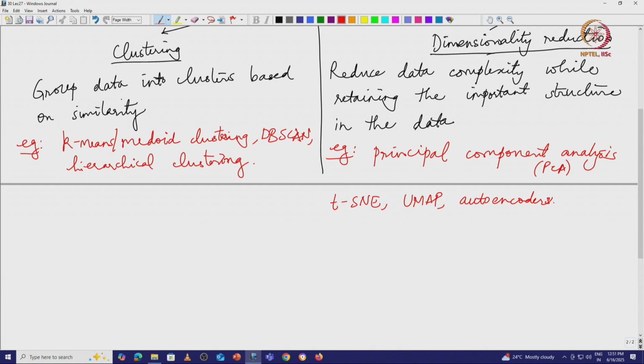Okay. So, let us go ahead and get started, and to introduce simpler concepts first and more complicated concepts later, we will start our journey into unsupervised learning by looking at dimensionality reduction.